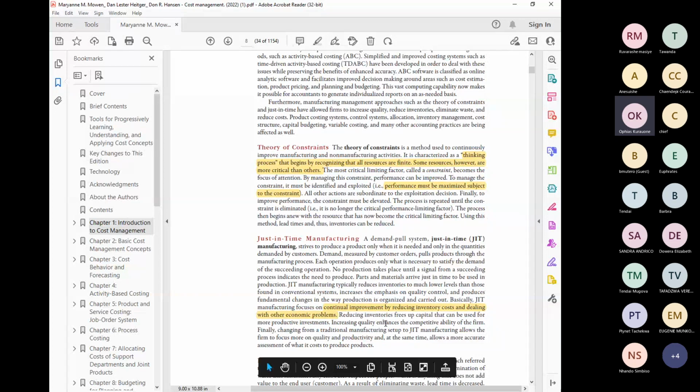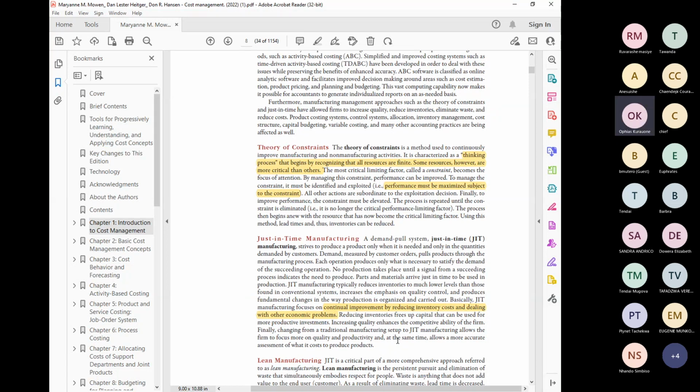Reducing inventory frees up capital that can be used for more productive investment. That is very important, because if you have inventory, it can deteriorate or become obsolete, instead of you investing in other areas which need to be financed.